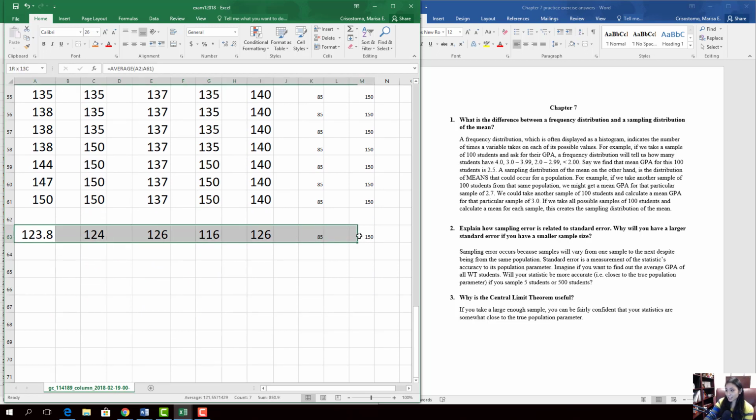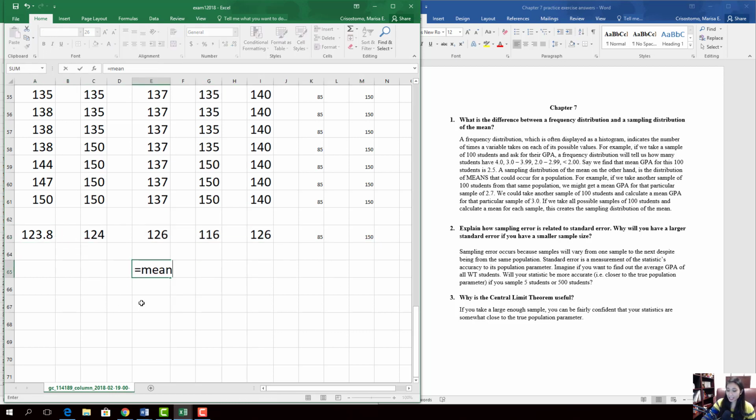Now, what you can do is take the mean of all of the means of all of the possible samples that you could take, and theoretically, if we take the means of all of these means, all the possible ones, an infinite number of samples, the mean of those means would be equal to the true population parameter. So that is the purpose of a sampling distribution.